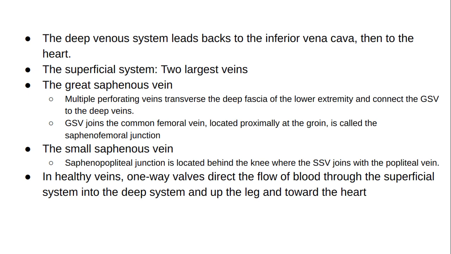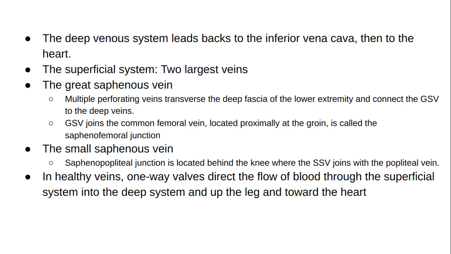Many superficial veins exist, but they all drain into the two largest, the great saphenous vein and the small saphenous vein. Multiple perforating veins, for example, Dodd's perforator, Boyd's perforator, Cockett's perforator, medial gastrocnemius perforator, and fibular perforators, traverse the deep fascia of the lower extremity and connect the great saphenous vein to the deep veins.